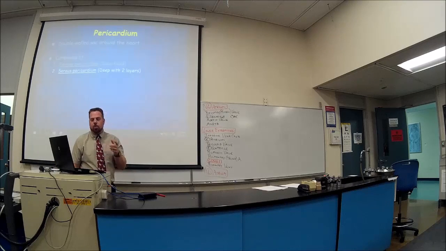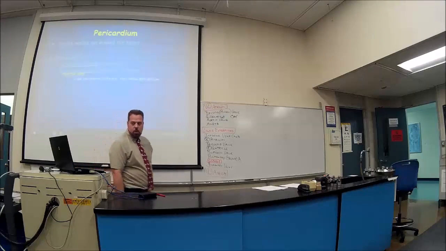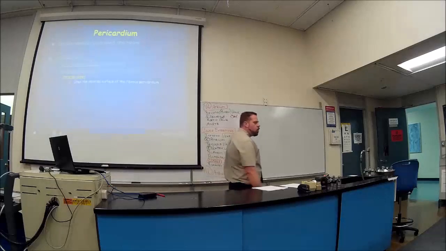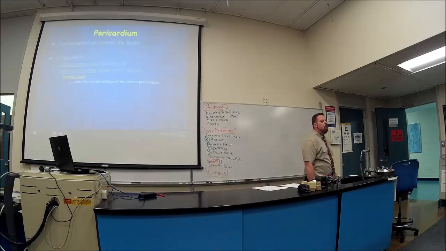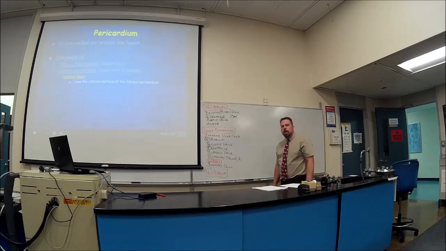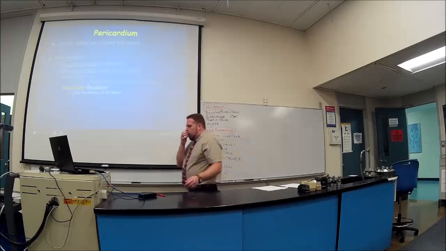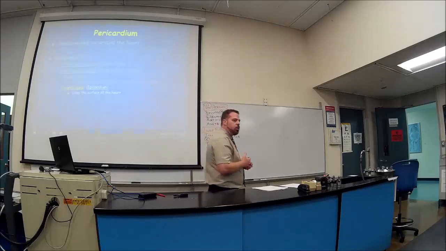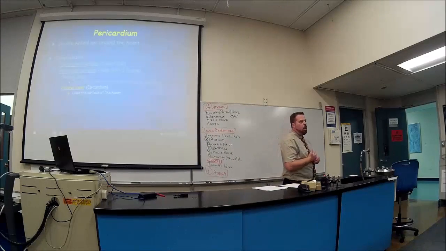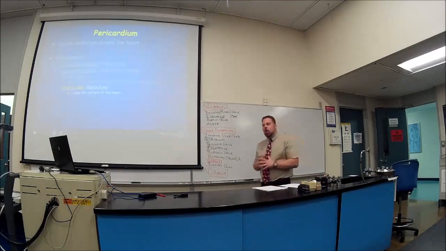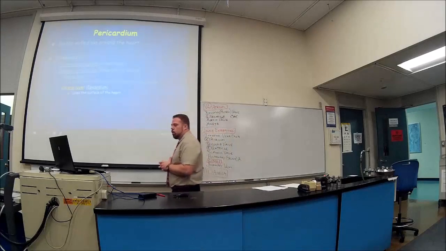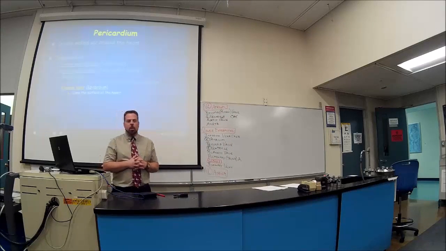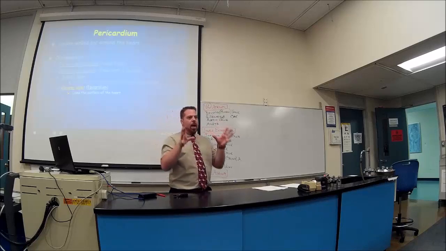Now, the serous pericardium is composed of 2 layers. And you've heard of these layers in A&P 1, Chapter 1. The parietal layer and the visceral layer. The visceral layer is also known, when we're dealing with the heart, as the epicardium. That's the part that's going to be on the heart itself. Whereas the parietal layer is going to be around the cavity.